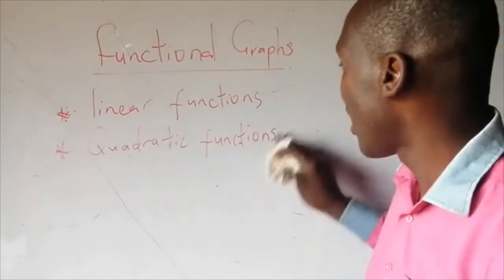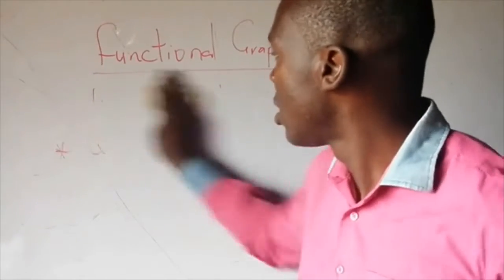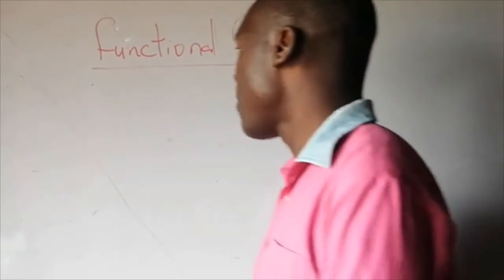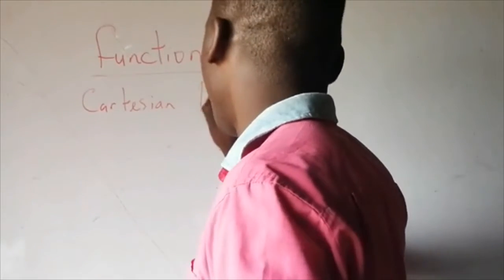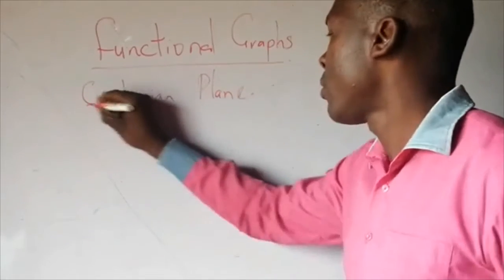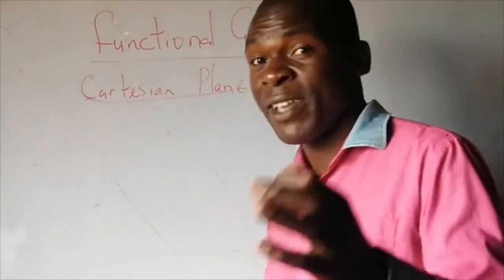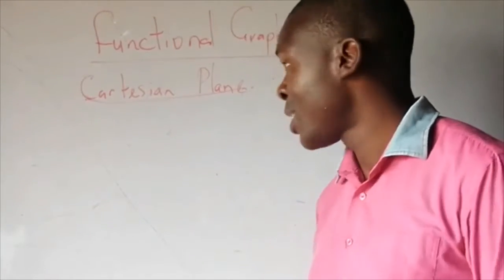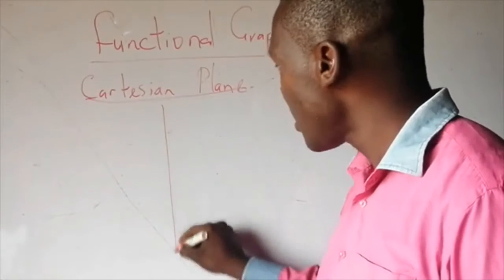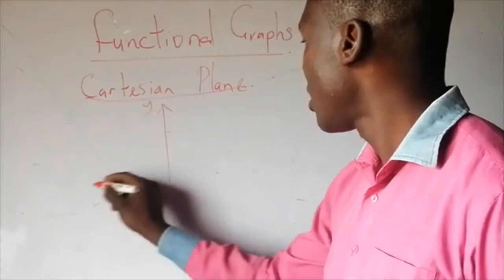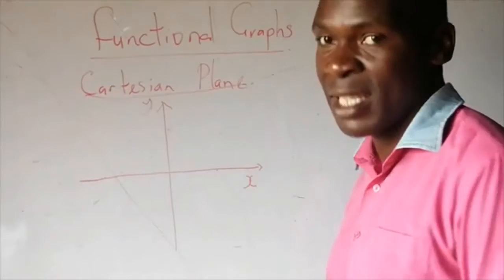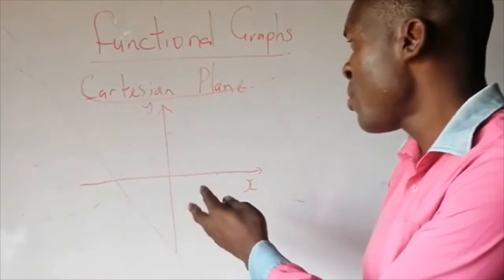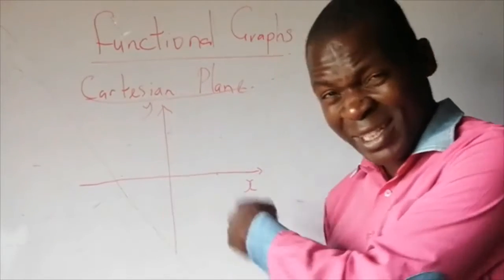When we are talking about a Cartesian plane, it involves two lines, a vertical line and a horizontal line. A vertical line is called the y-axis, a horizontal line is called the x-axis.